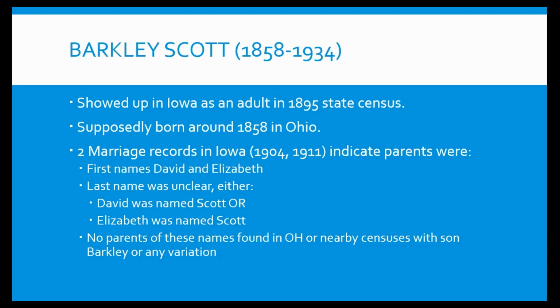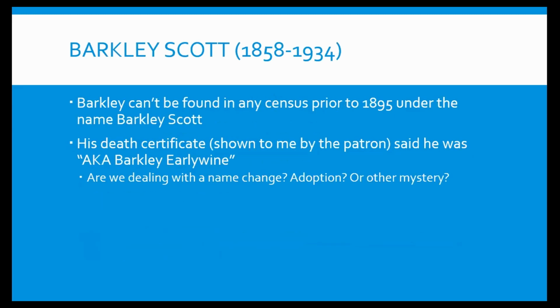But regardless, when the patron had looked, and I did some cursory searching myself for parents of that name, David and Elizabeth Scott, in Iowa, in Ohio, around the right time frame, we found some people of those names, but they seem to have a whole different list of children. No Barkley listed with them, or any near variation of Barkley. And so it was very mysterious.